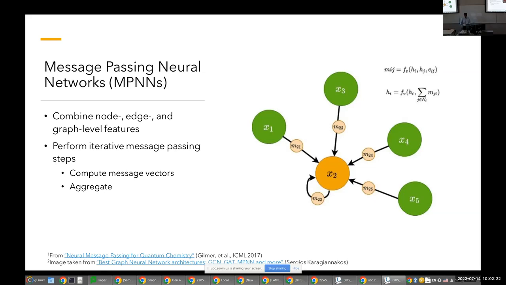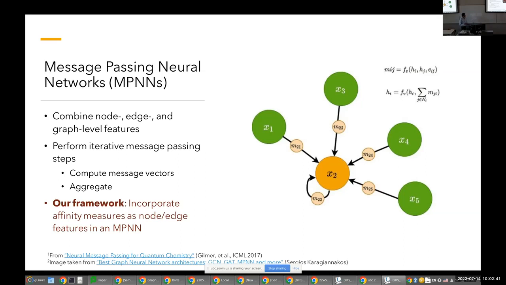Each node takes messages from its neighbors, does this aggregate step, which you can see here, and then combines these messages into this h_i. Each step does this iterative message passing. And our framework is essentially going to incorporate some additional features into message passing neural networks.